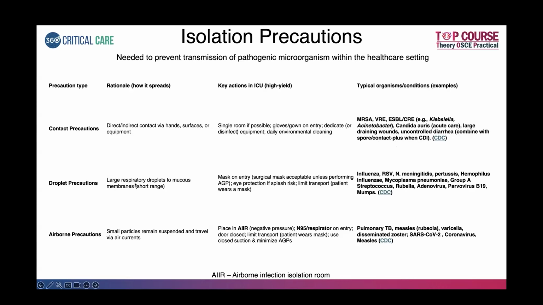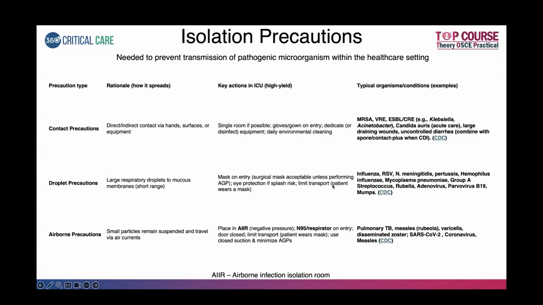Droplet infection, the rationale for it is that large respiratory droplets can spread to the mucous membranes within a short range. So here the key actions in ICU is mask on entry. A surgical mask itself is acceptable unless performing procedures. Then eye protection if splash risk is there, limit transport.